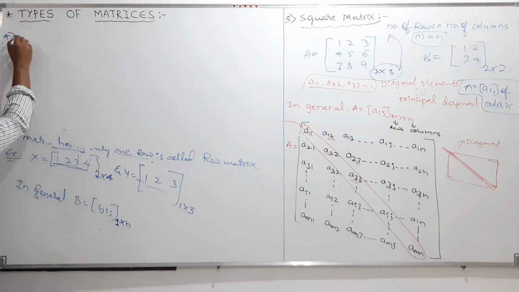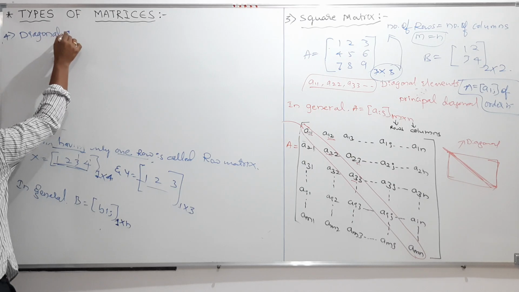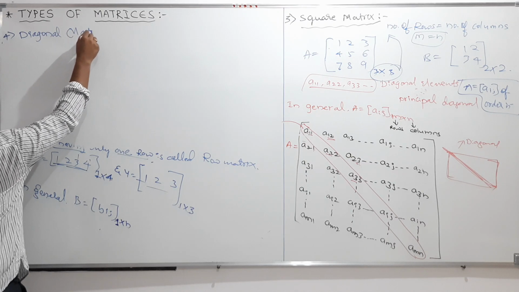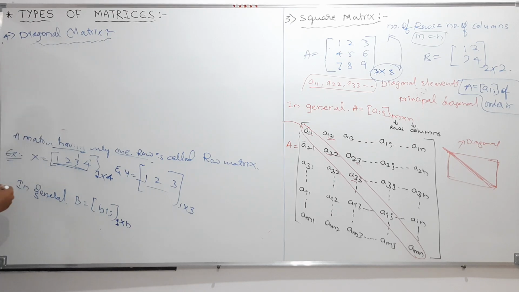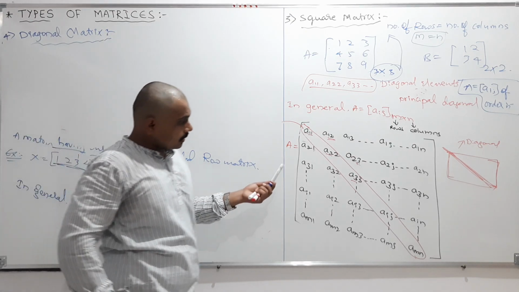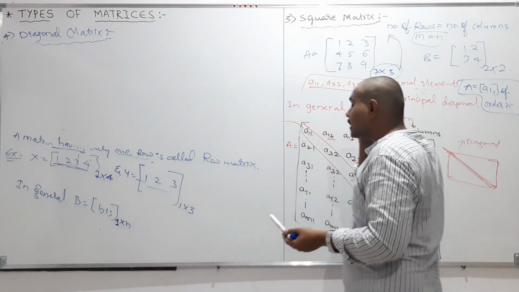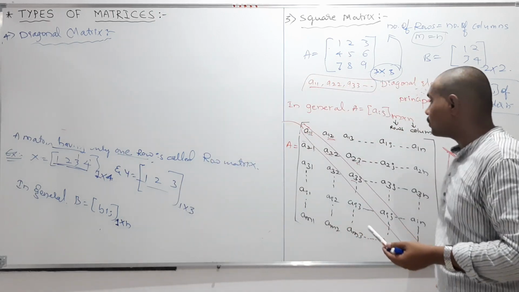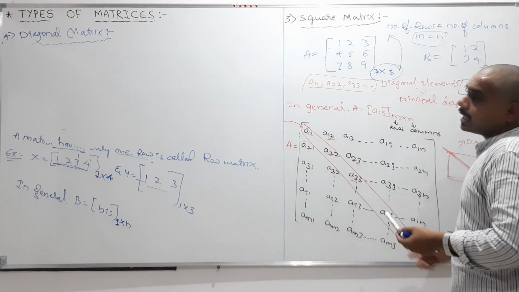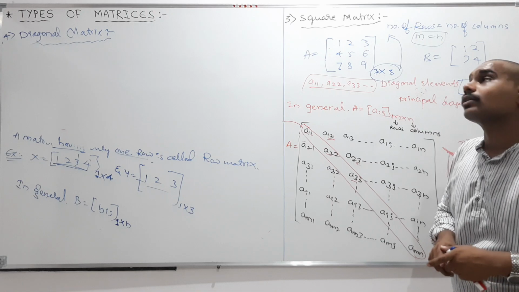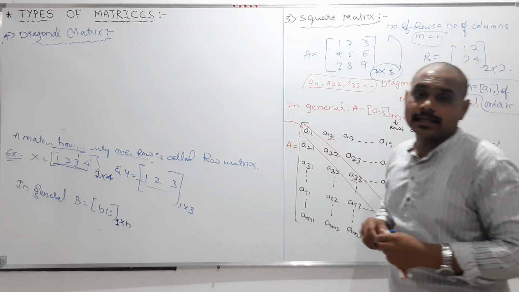The fourth one, that is the diagonal matrix. Yes, my dear students, already we discussed the meaning of the diagonal elements. What are the diagonal elements? A11, A22, A33, these are all the diagonal elements. If we know the diagonal elements, then only we can understand the diagonal matrix.